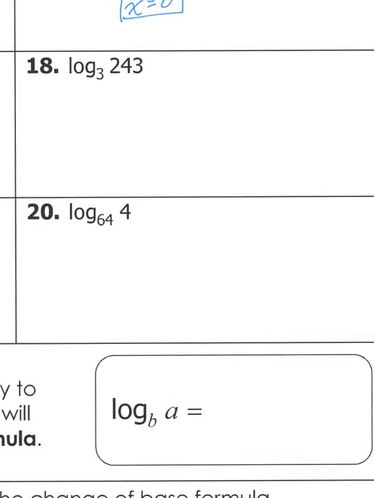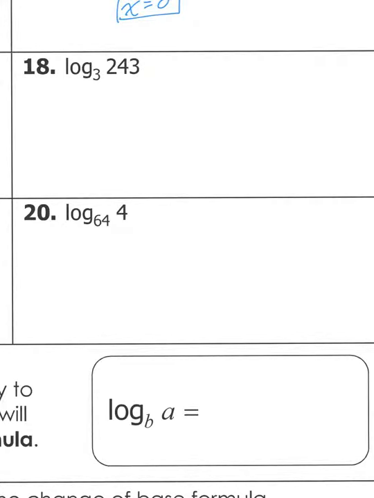Number 18. Now it should be a clue to you that when I set this equal to x and I put it into exponential form, so these get switched, 3 to the x is equal to 243. So it should be a clue that if that's my lower base, perhaps this has a 3 in it. So all you have to do is just take it off to the side, and you've got use of a calculator. Take 243 and divide it by 3 on your calculator.